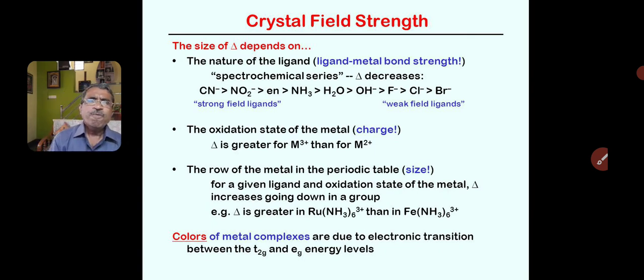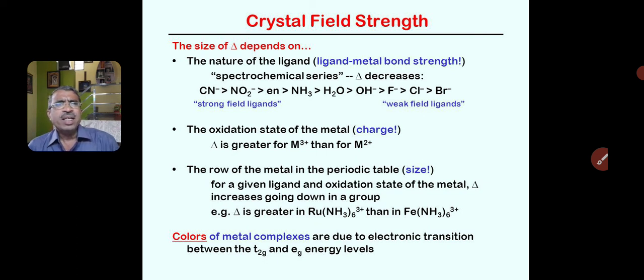Now this crystal field strength, or also the crystal field stabilization energy, depends upon various factors. Number one, the size of the crystal field splitting depends on the nature of the ligand. If the ligand is a stronger ligand, it leads to low spin complexes.